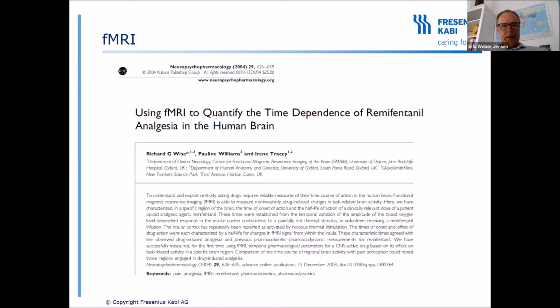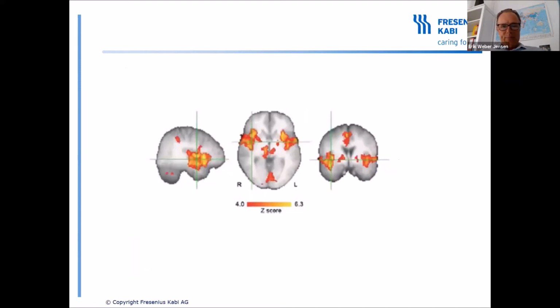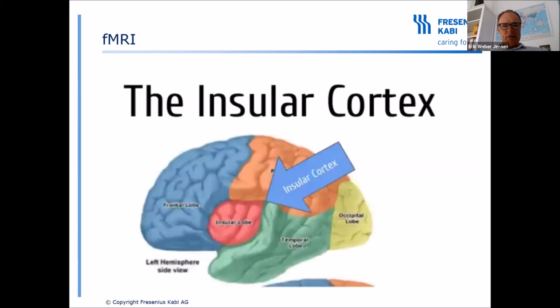So in this study, remifentanil was given to subjects who were at the same time recorded with fMRI. And here we can see clear changes in the insular cortex as a function of the administered remifentanil. So this leads to the hypothesis that it is possible to detect nociception balance from the brain.